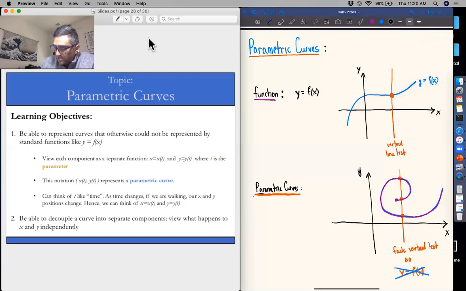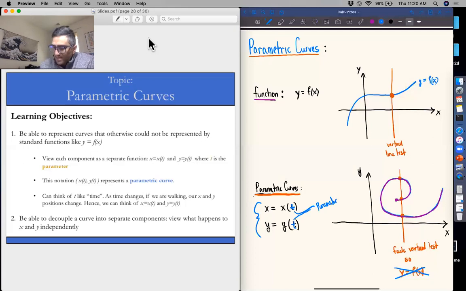It basically says, you know what? I'm thinking about my x position as a function of time, or t. I'm thinking about my y position also as a function of t. So as t changes or time changes, I'm getting different x and y values back. So we can think about this entire thing as a parametric curve, where this value t is what we call the parameter.